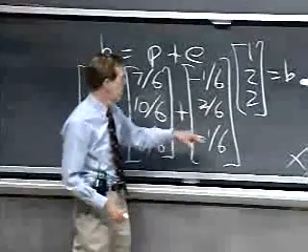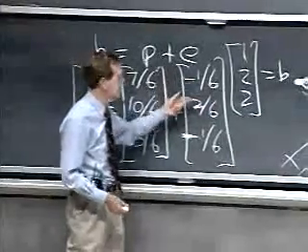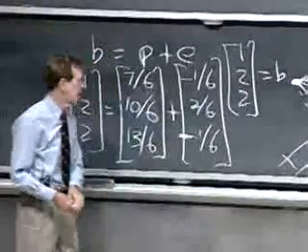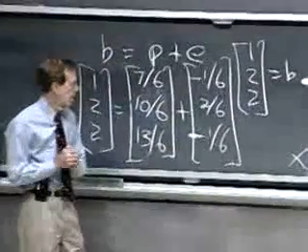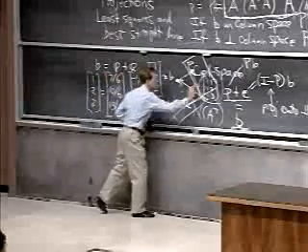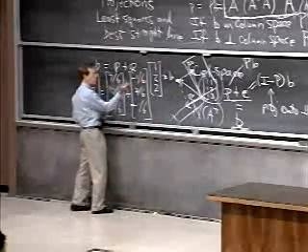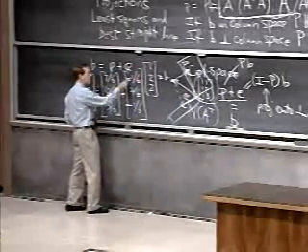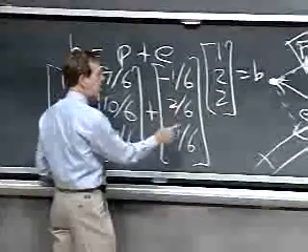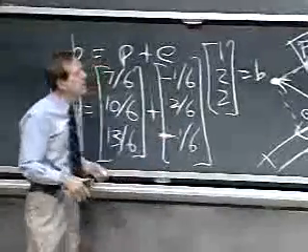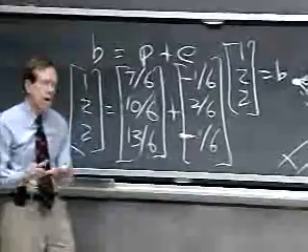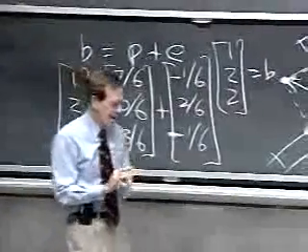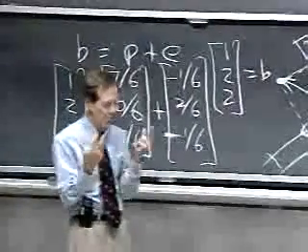If I take the dot product with 1, 1, 1, I get minus 6 plus 2, 6 minus 6, 0. And it's perpendicular to 1, 2, 3, because if I take the dot product with 1, 2, 3, I get minus 1 plus 4 minus 3, 0 again.